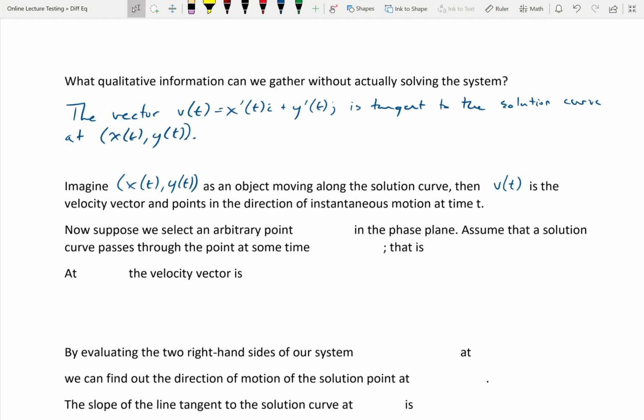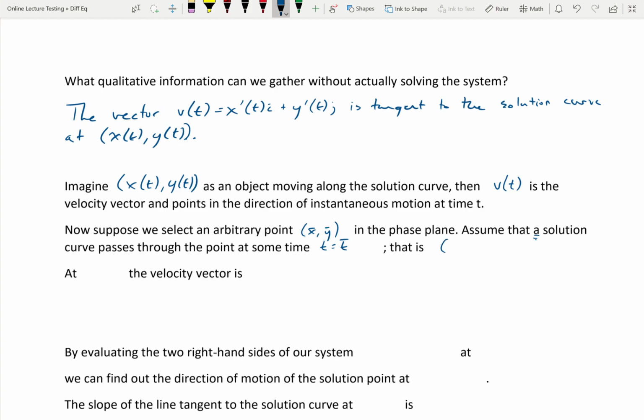Now suppose that we select some arbitrary point, x bar, y bar, in the phase plane. So it might not be on this particular solution curve, but it could be on some solution curve. Assume that a solution curve passes through. So it doesn't have to be the specific one that we just found, but it could be any curve that is a solution that passes through this point at time t equal to t bar.